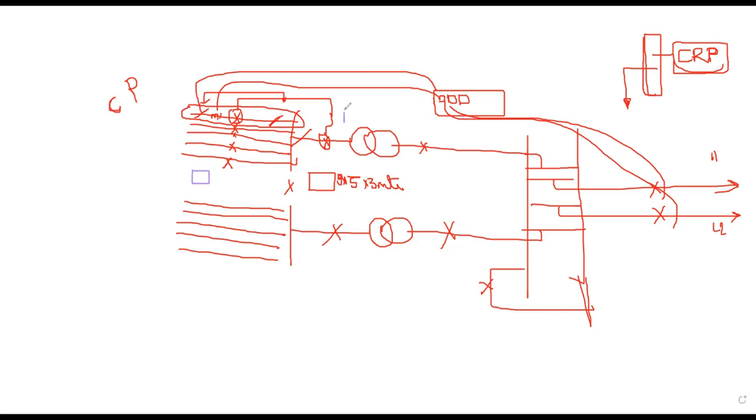So they place one room here, one here, one here, one here, and one here. They place these control and relay panels in these rooms. One room has both the transformers, another has the bus bar and bus couplers, and another accommodates the line. By this, the cable cost decreases.